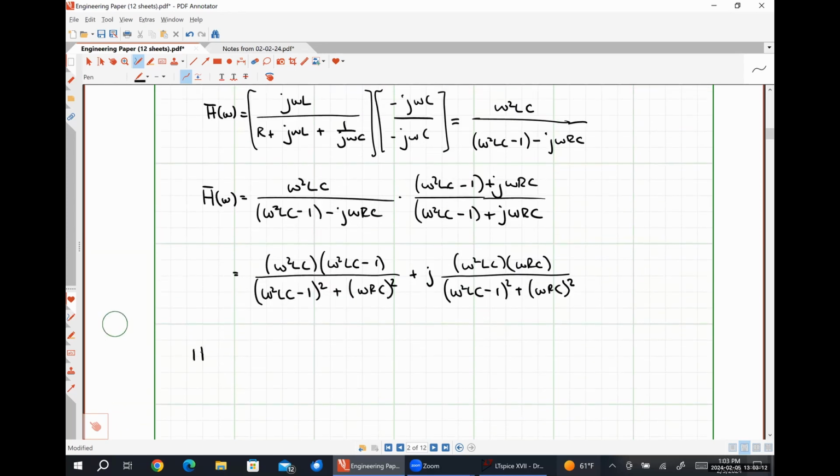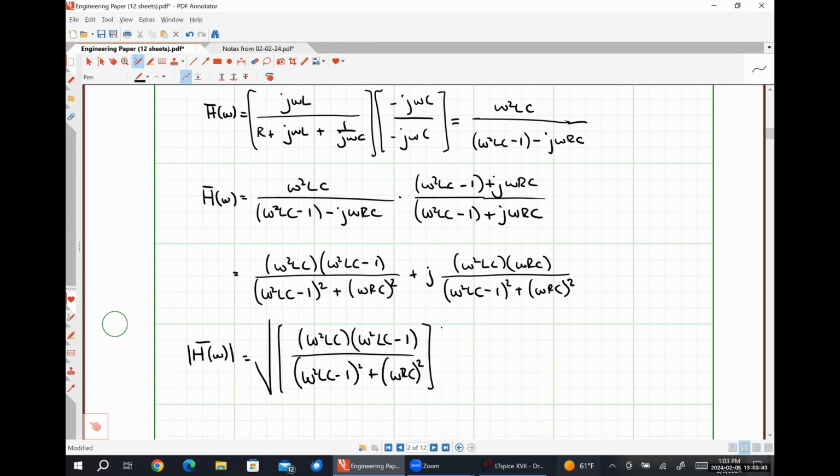Our magnitude response is then given by the square root of omega squared LC times omega squared LC minus 1 over omega squared LC minus 1 squared plus omega RC squared, close the bracket, square the whole thing.